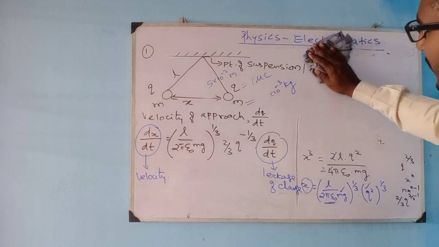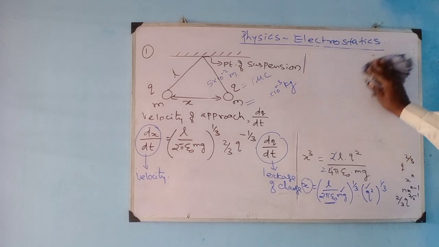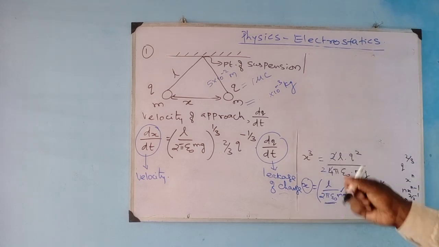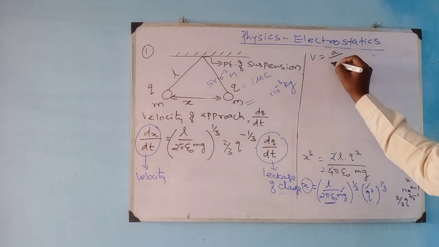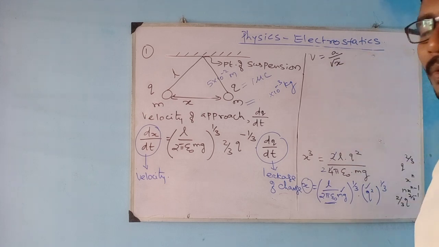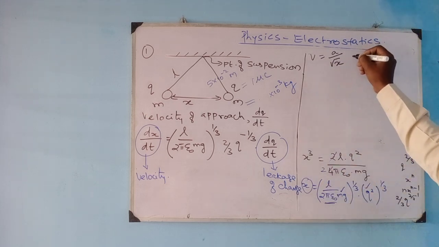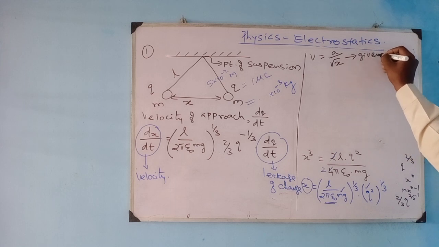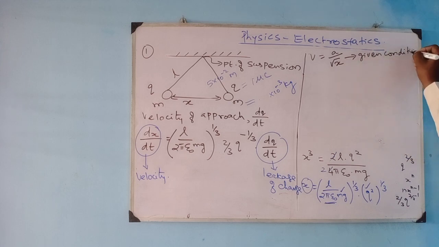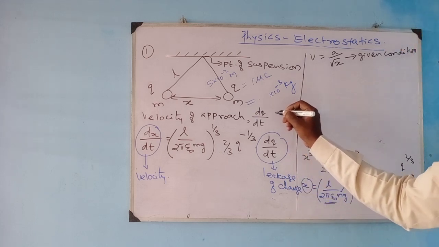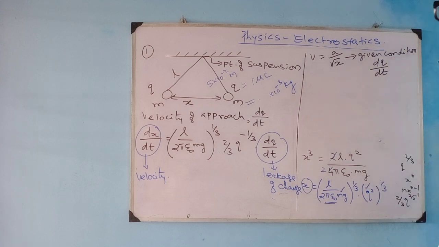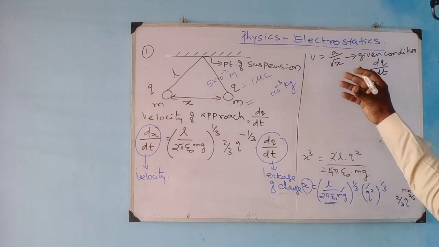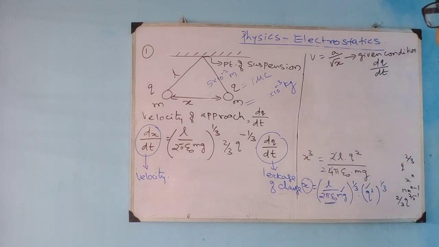To calculate the leakage of charge dq by dt under the given condition, the velocity of approach v is given as v equal to a by root of x. In the sums you will get this. This is the given condition for me now. The velocity of approach is given as v equal to a by root of x, and they are asking me to calculate dq by dt, which means the rate of leakage of the charge when this much velocity of approach is given.